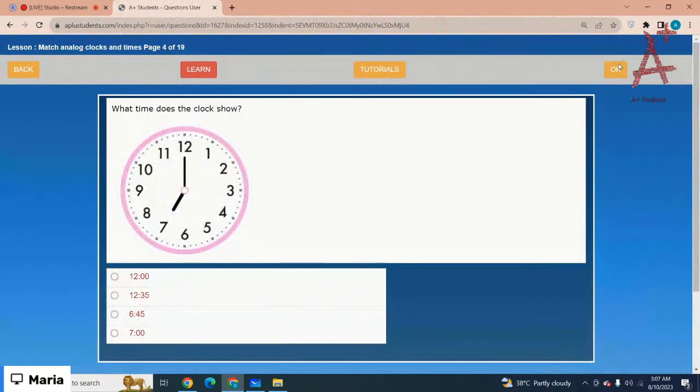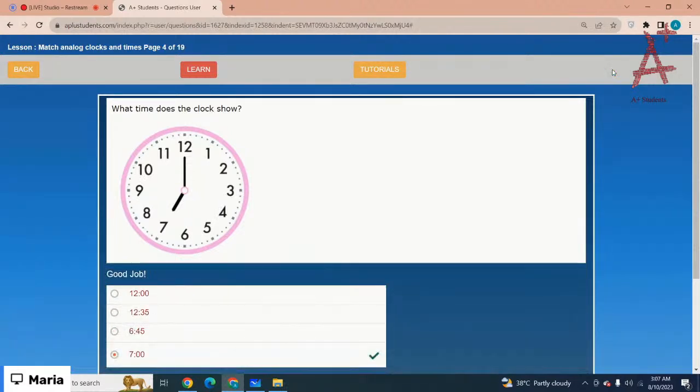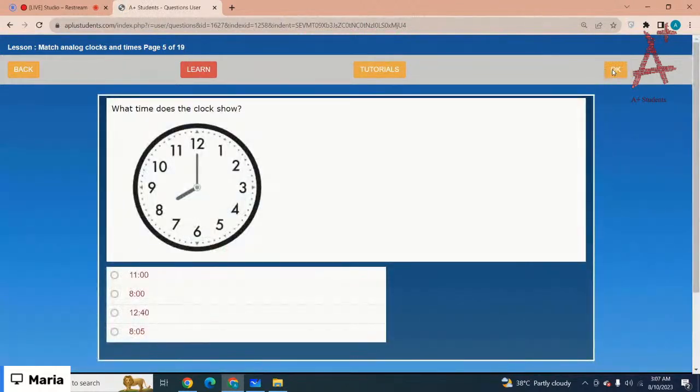What time does the clock show? Which is the correct option? Yes, it is 7. The hour hand is pointing to 7 and the minute hand is pointing to 12. That means it is 0. So it is 7 and 0. What time does the clock show?